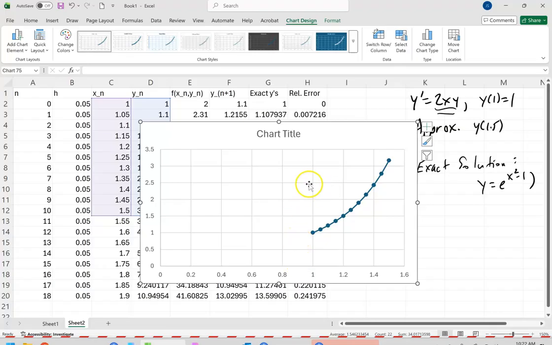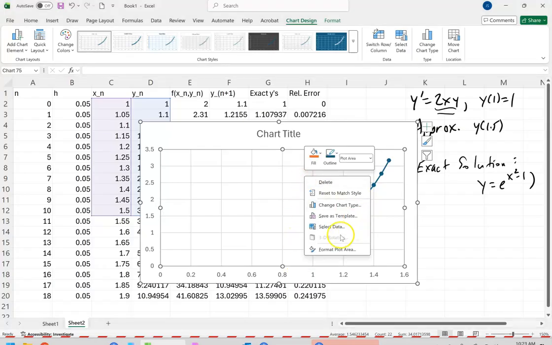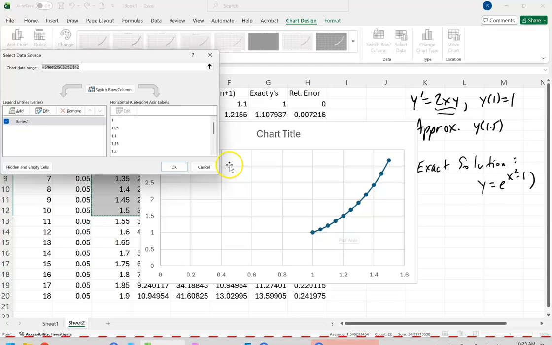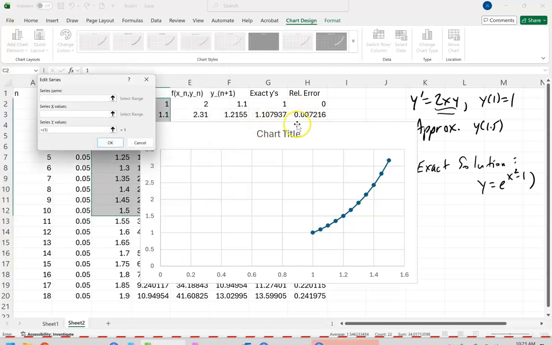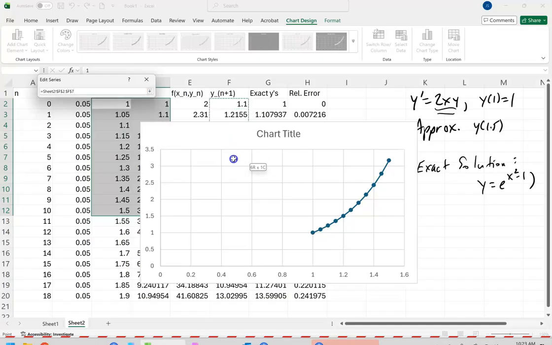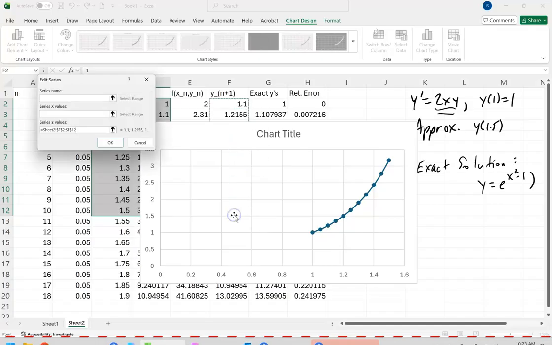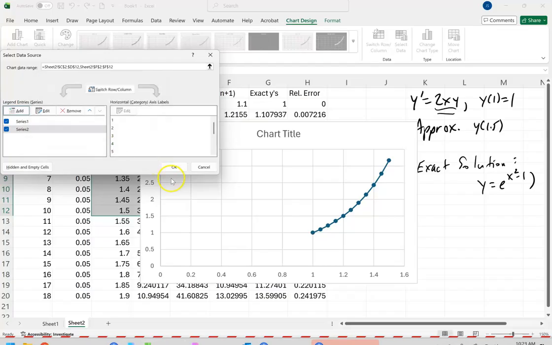I should be able to remember how to do this. Let's select some data. Let's add a series. And the series that I want to add is, I can't move that out of the way. All the way down there. Can't see it, but there we go. Should add it. See if that worked.